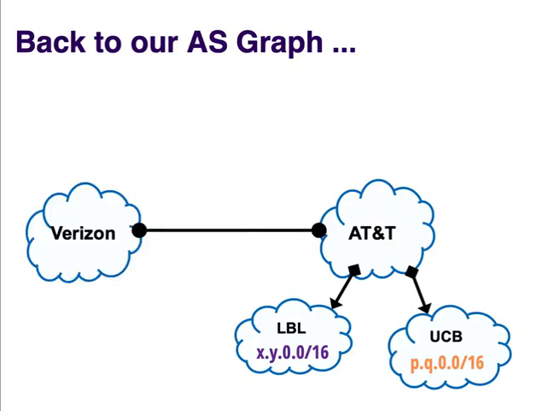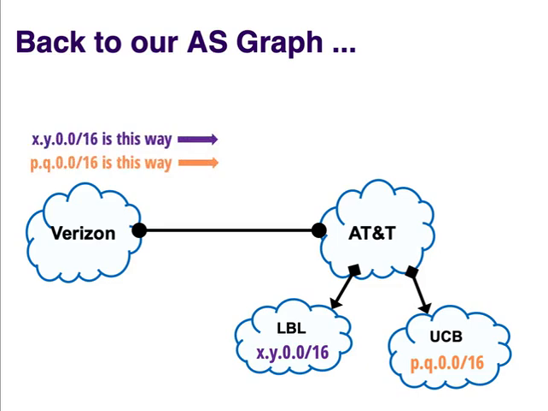If you look at a topology like this, and we said LBL had a /16, x.y, and UCB had a /16 of p.q, and they're both customers of AT&T. Well, if you go look at a routing table in Verizon's network, it just has to have 2 entries, one for each prefix. This is already a massive improvement. We've basically aggregated all of those hosts.